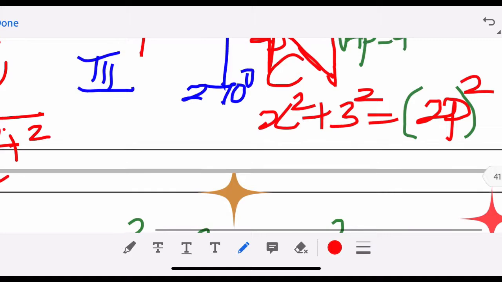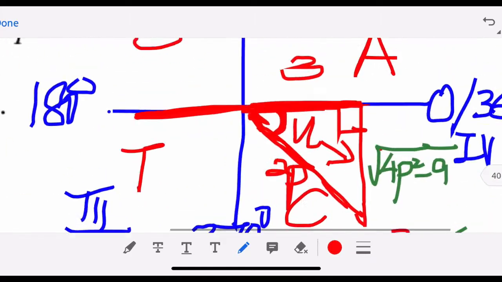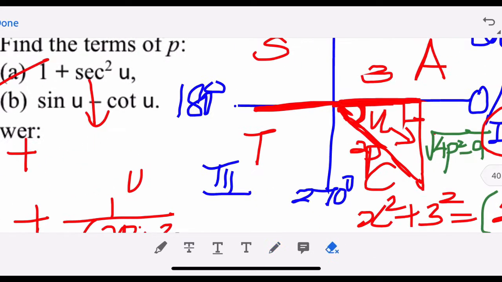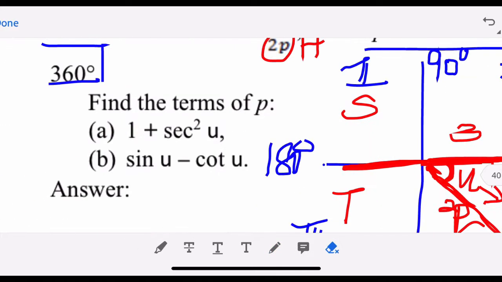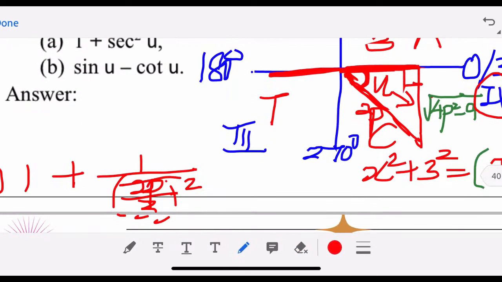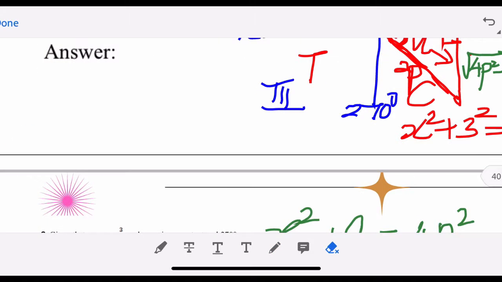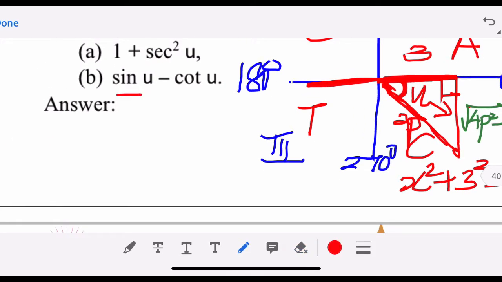You are in the fourth quadrant. When you look at the question, you are in the fourth quadrant, so sine is negative. You should be aware you are in the fourth quadrant now. Cotangent is 1 over tangent u, so this one will be negative also.